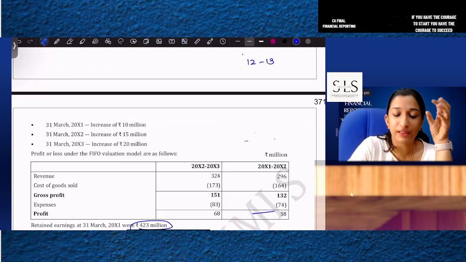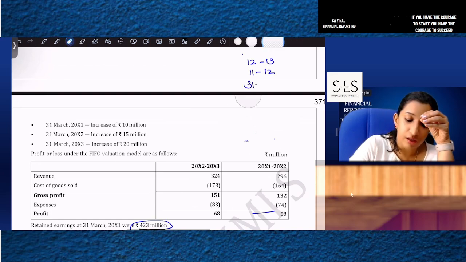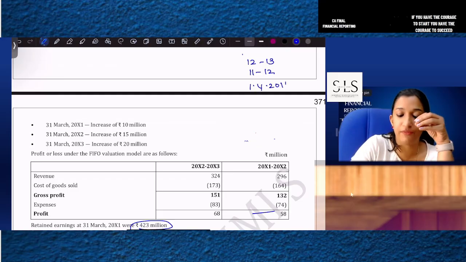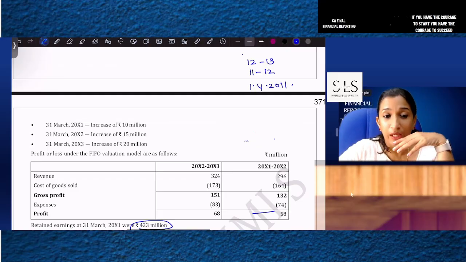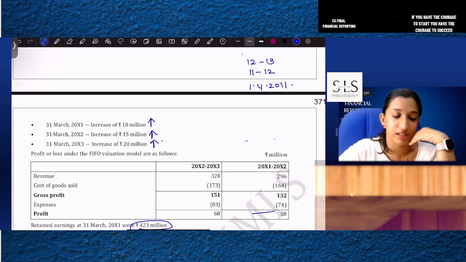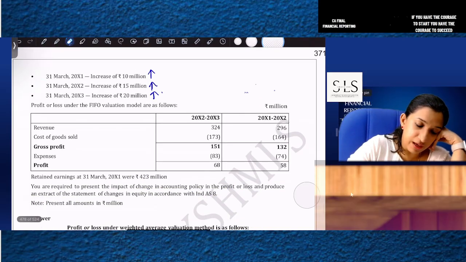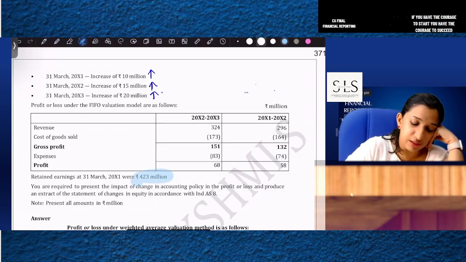So you need to make the changes in 11-12, and also on 1st April 2011. So 31st March 2011, closing stock increased. Second year also closing stock increased. Third year closing stock increased. Profits are given. 31st March 11, opening retained earnings are also given.